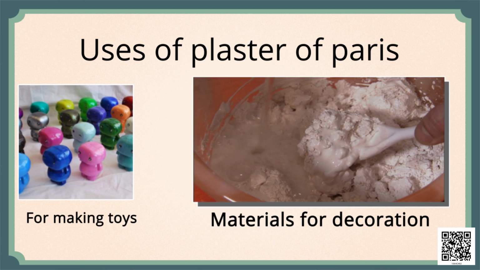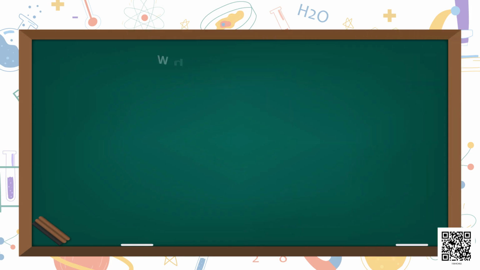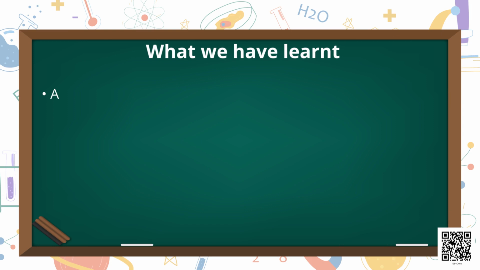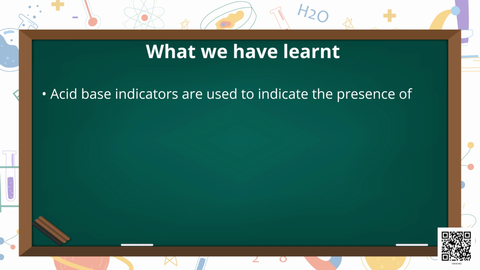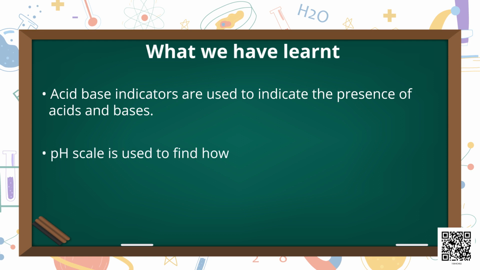Now is the time for a quick revision of what we have learned in this lesson. Acid-base indicators are used to indicate the presence of acids and bases. pH scale is used to find how strong an acid or a base is.